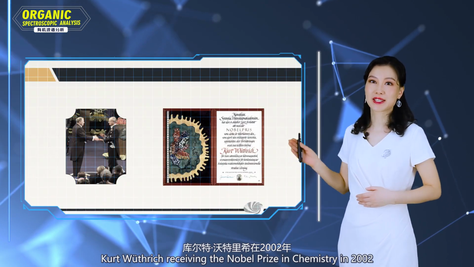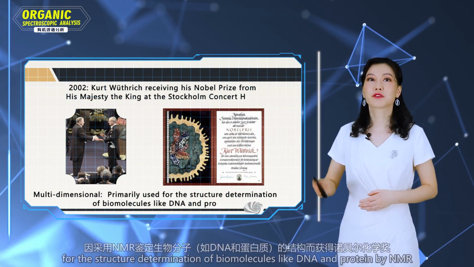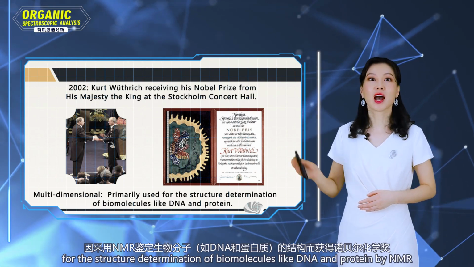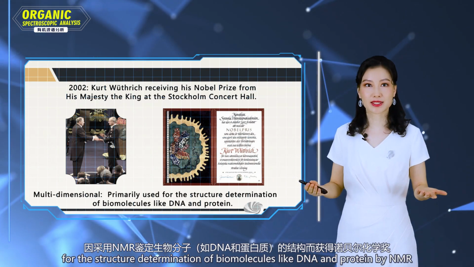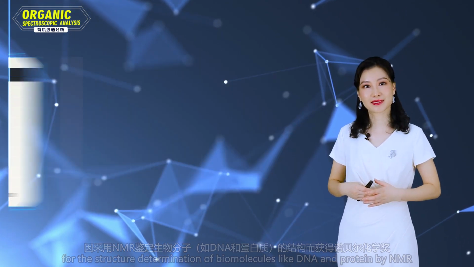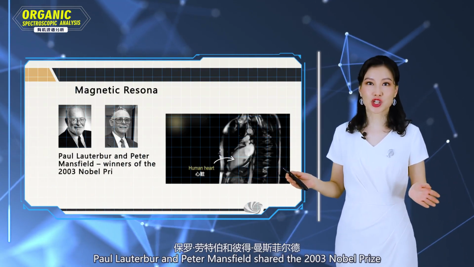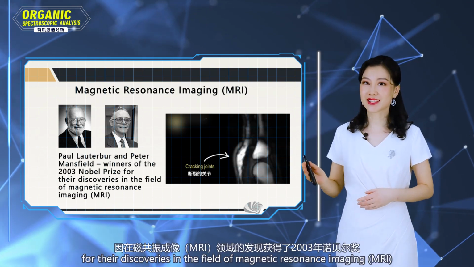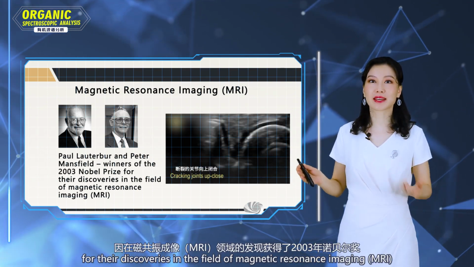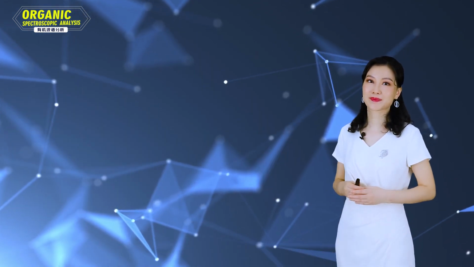Kurt Wüthrich received the Nobel Prize in Chemistry in 2002 for the structure determination of biomolecules like DNA and proteins by NMR. Paul Lauterbur and Peter Mansfield shared the 2003 Nobel Prize for their discoveries in the field of magnetic resonance imaging, MRI.